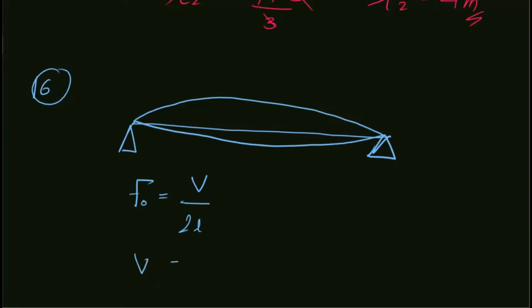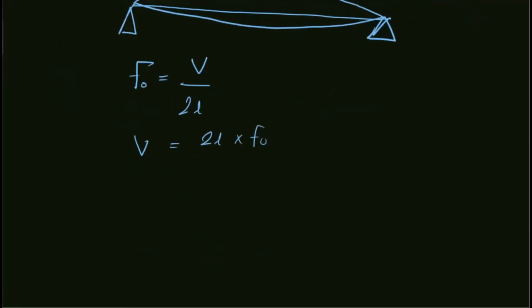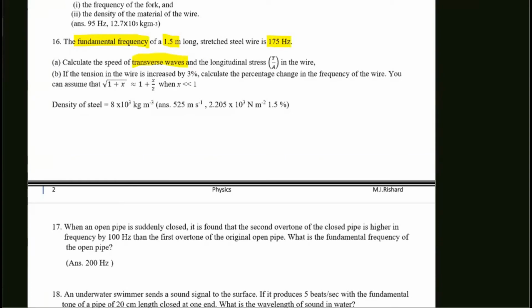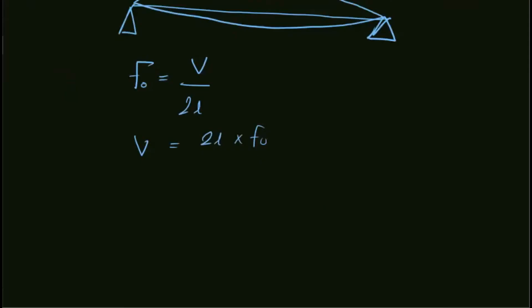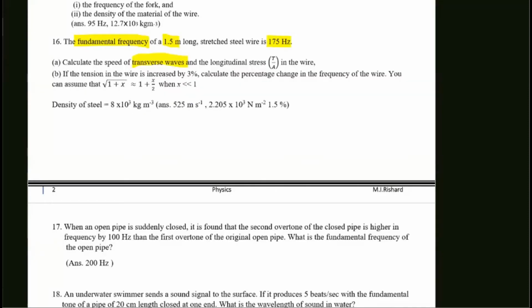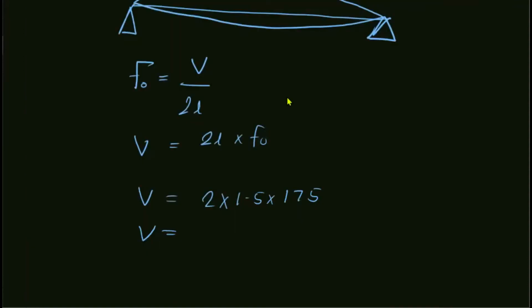We need the speed, so v is equal to 2L into F naught. F naught is 175 hertz and length is 1.5. So v is equal to 2 into 1.5 into 175. If you simplify this, I think you will get something around the given answer, 525.